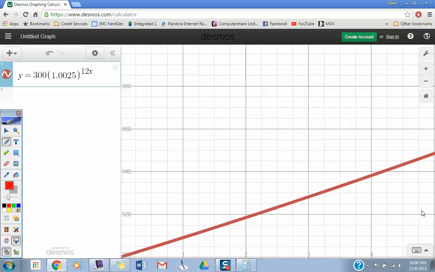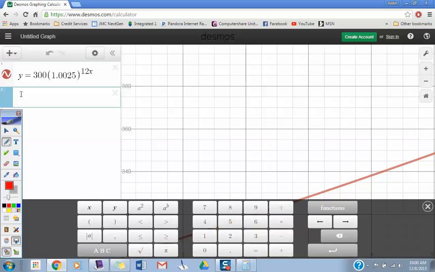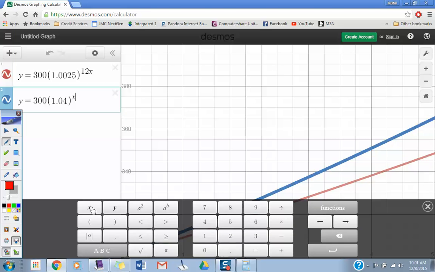So I'm going to plug in my other graph. Y equals, what did we get on that last graph? Y equals 300 to start with. What was our B value? 1.04. And then that was to the t power, right? I'll call it x right here.